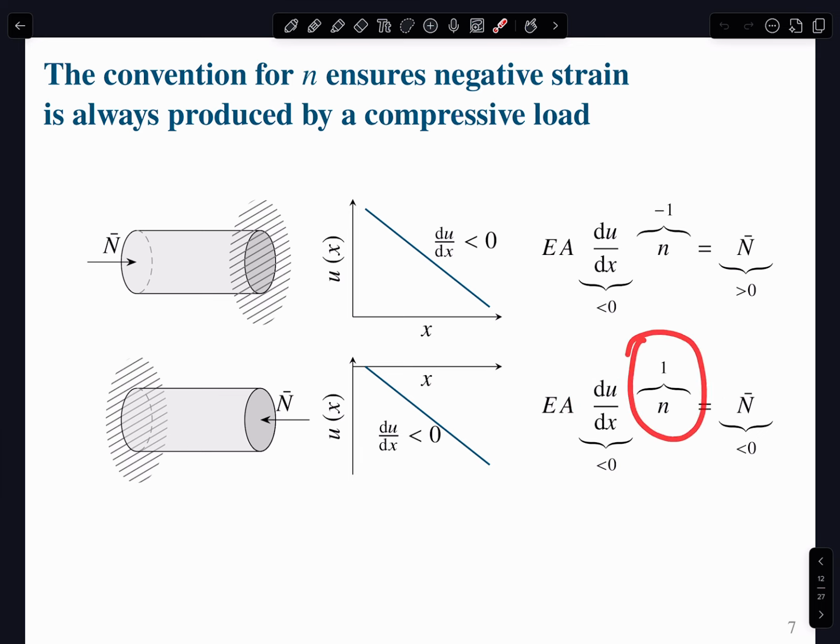Therefore, this has to be equal to 1 positive. So what is n? And this is something I asked also in the nonlinear mechanics exam, if you recall. It's just simply a scalar that we use to make sure that our bar experiences negative strain when it's under compression, or positive strain if it is under tension. It's simply that.